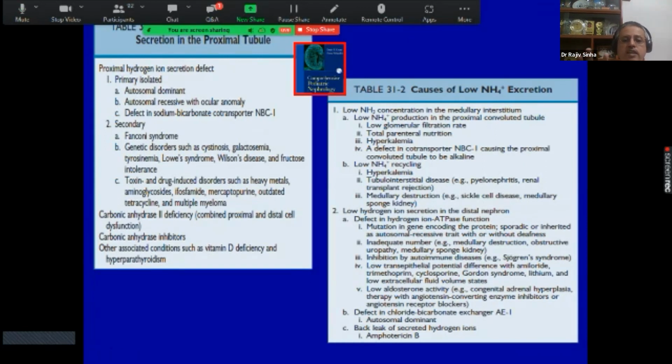So this is an interesting concept that is coming up, which is quite anathema to what we have been learning, that maybe rather than saying type 1, type 2 RTA, better just to classify it by what the underlying defect is, and that will also be useful in management.